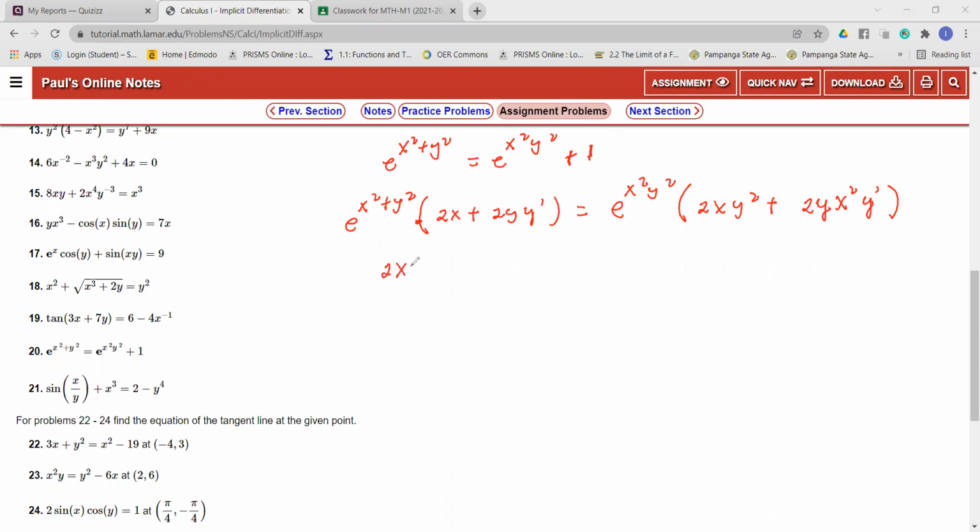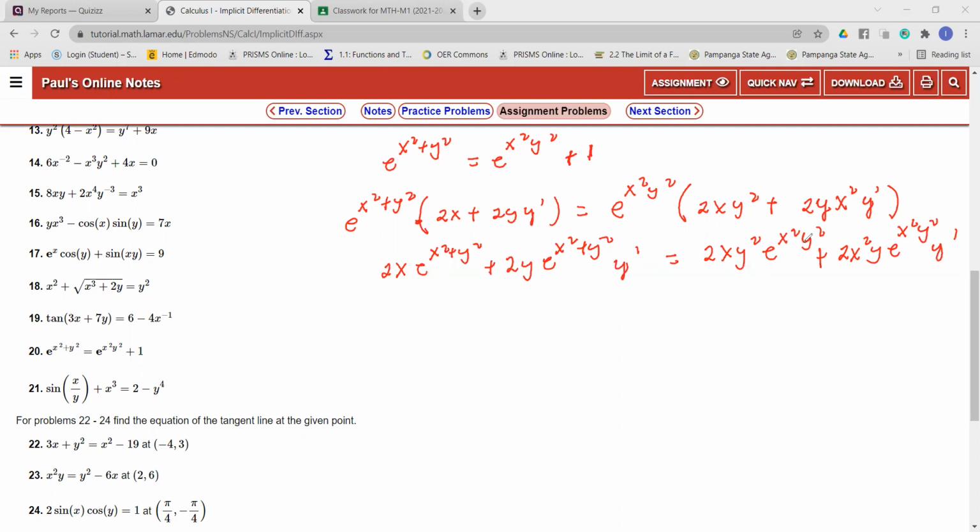You will have 2x e to the x squared plus y squared plus 2y e to the x squared plus y squared y prime equals 2xy squared e to the x squared y squared plus 2x squared y e to the x squared y squared y prime. Yan. So, same practice din.